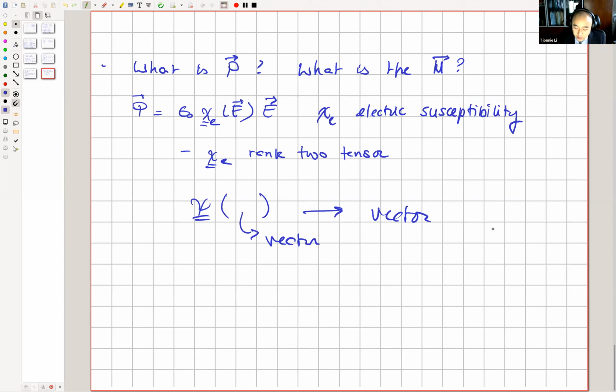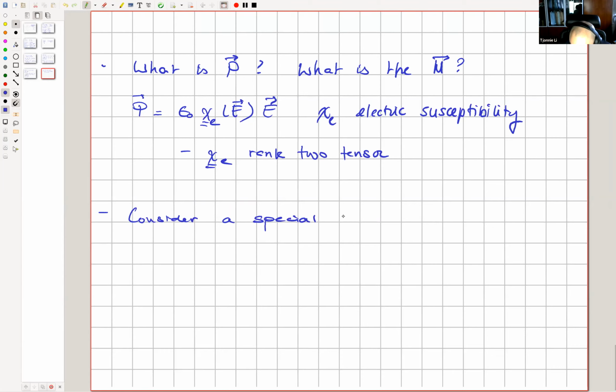So don't worry, you don't have to know that detail, because this was supposed to be a segue into saying that we can actually consider a special class of materials which have two properties. So it is a linear material.